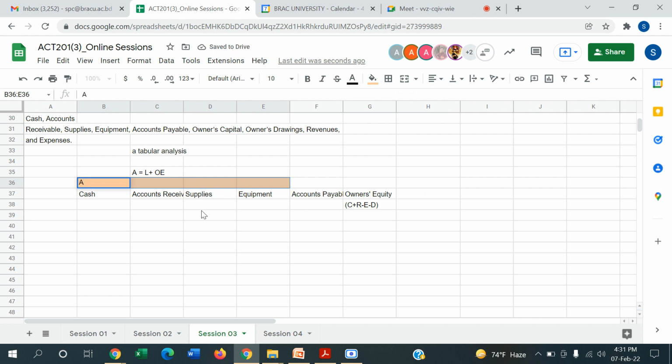Okay. Now, these four are basically assets of the organization. This one is liability. Only one liability for this example.